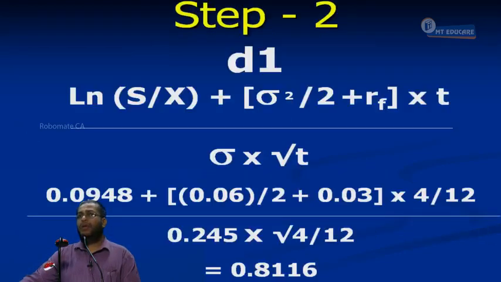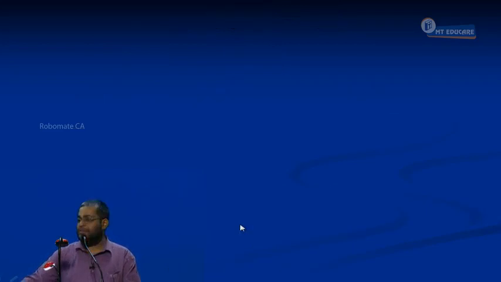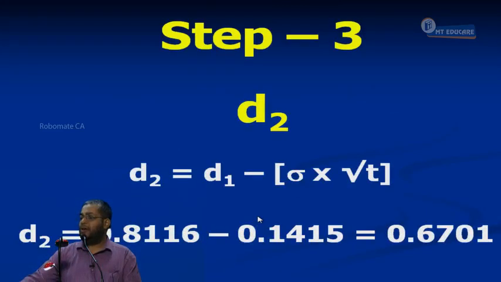Please tell me how I got 0.1415. It is the square root of 4 by 12 into 0.245. If you do, I'll be getting that number. Can I proceed? Now, it is 0.8116 minus 0.1415. What is the value of D2? 0.6701. D2 value is 0.6701.